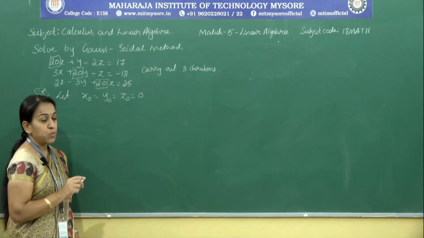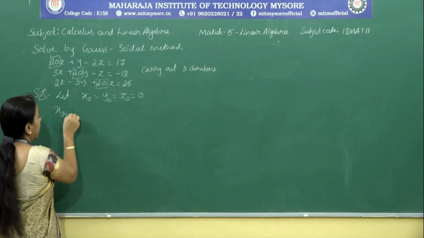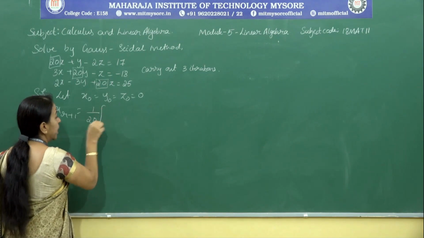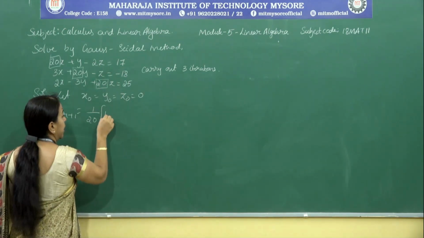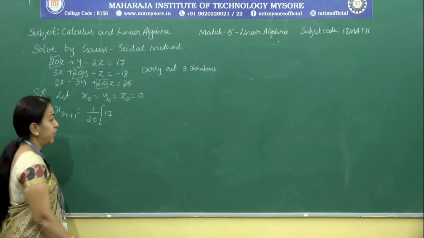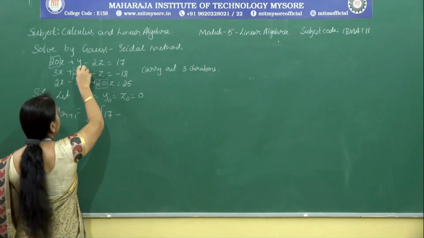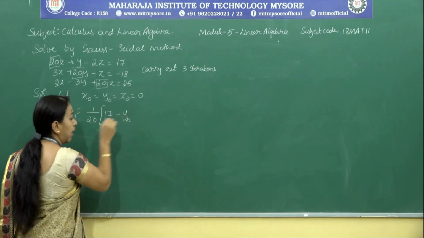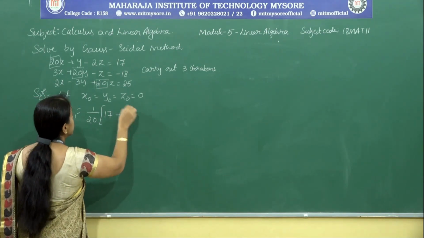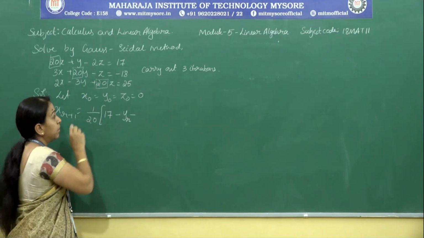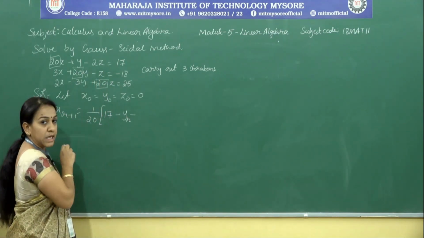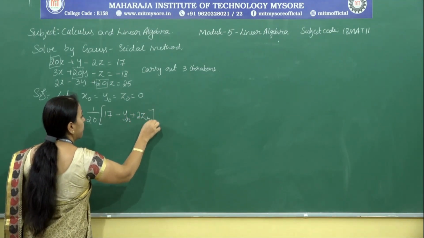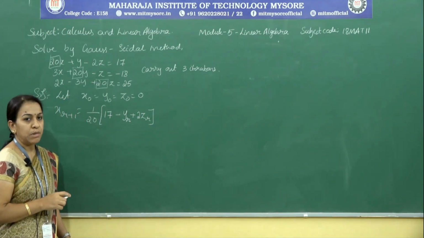So x_(r+1) is given by 1 by 20 into 17, that is the RHS value, minus the coefficient of y, that is 1 times y_r, minus the coefficient of z, because we already have a minus sign, so it becomes plus 2 times z_r. This is your equation for x_(r+1).